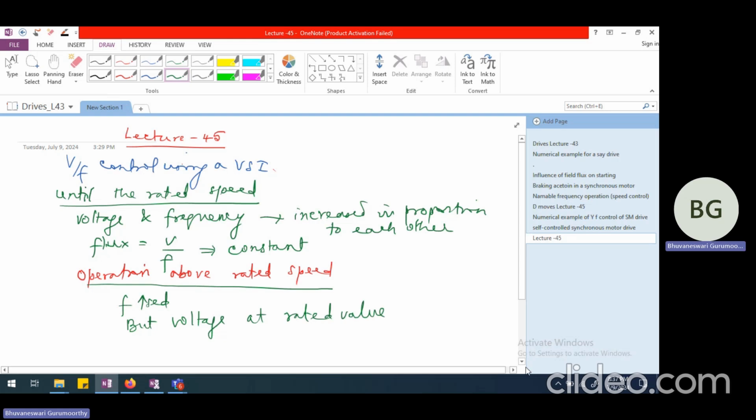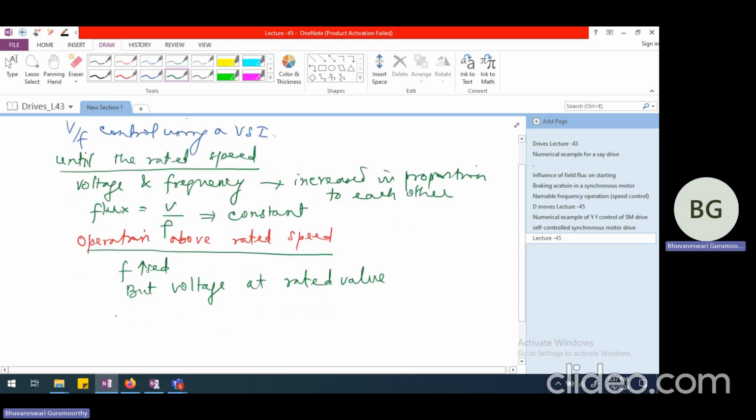So V by F, F is increased, whereas V is a constant, due to which flux will decrease. This is what we call the field weakening region. Under this condition, very clearly, because the flux is decreased, the torque capability will also decrease.